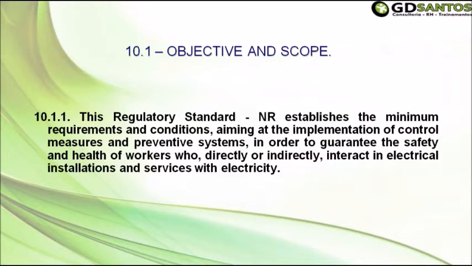As we can notice, this standard establishes all the minimum requirements for working directly or indirectly with electricity. The main aim is to guarantee the safety and the health of the workers.